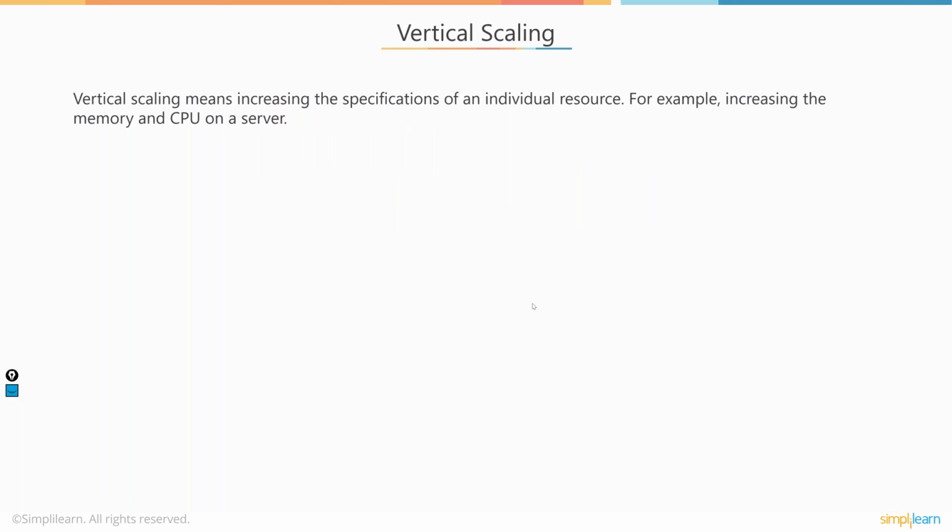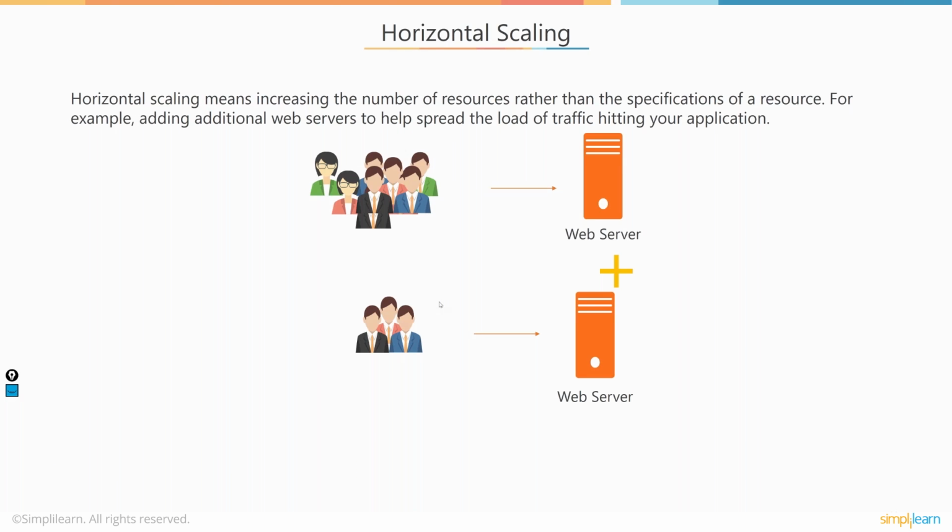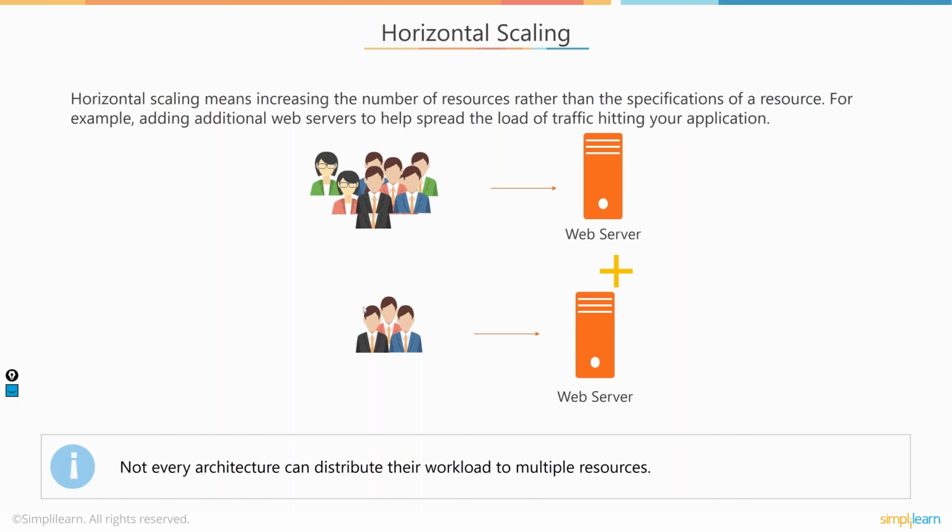So that's the possibility. Pretty much, as I said before, I'm just going to skip this. Vertical is basically more memory and more resources. Horizontal is adding additional servers to be able to handle more people.